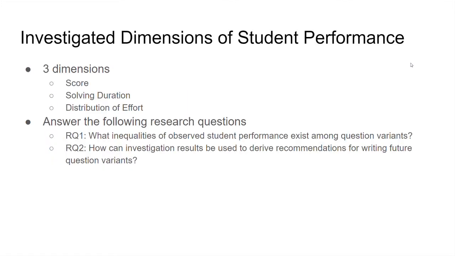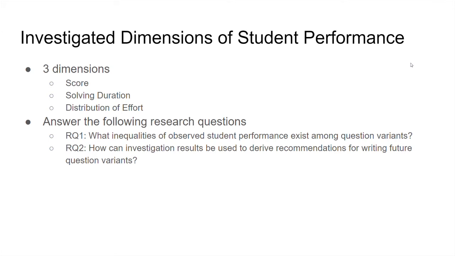Now we move into our actual investigation of student performance using our investigated dimensions. Our three dimensions are score, solving duration, and distribution of effort, and we use these three dimensions to answer the following research questions. What inequalities of observed student performance exist among question variants?